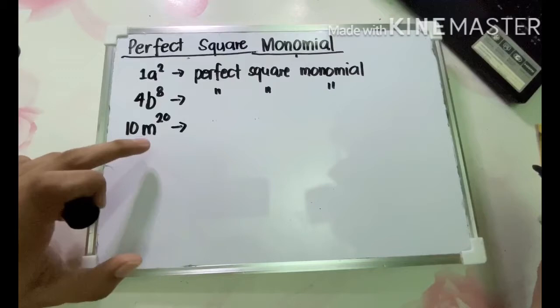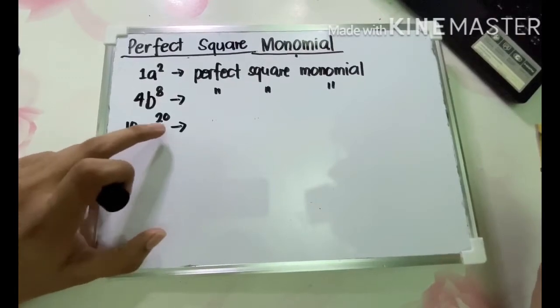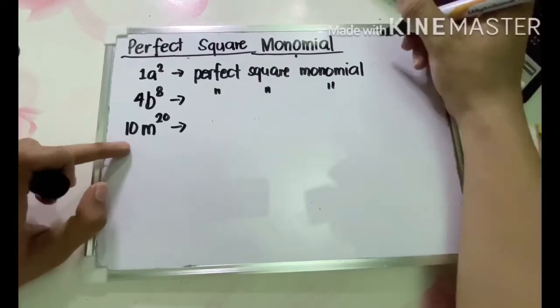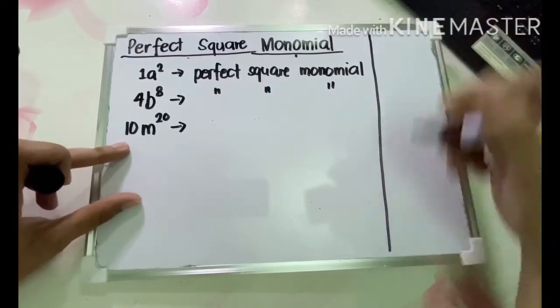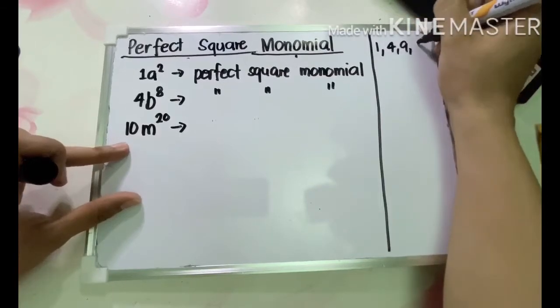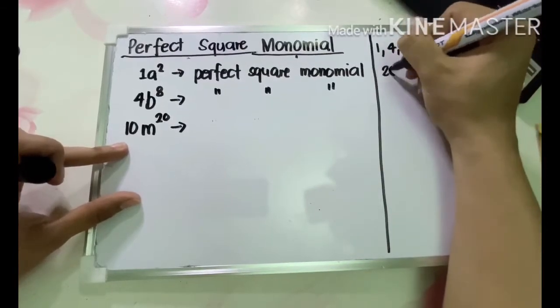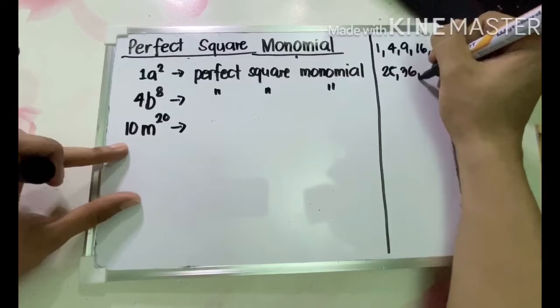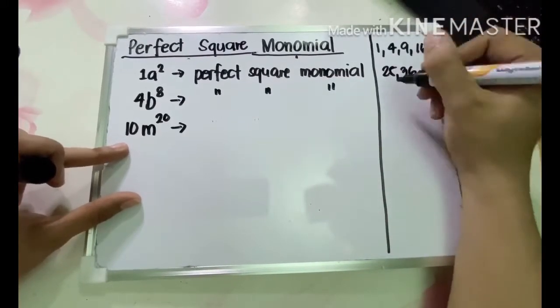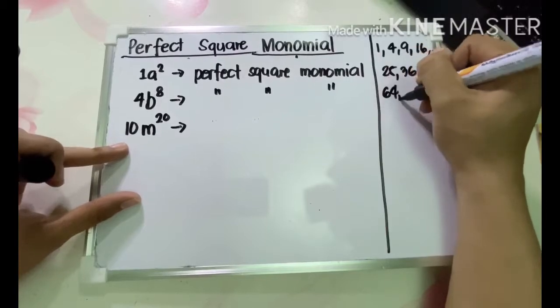Let's go first to the exponent of the variable. So 20 is even, but earlier we don't have 10. So we will write again the perfect square integers: 1, 4, 9, 16, 25, 36. We have 49, 7 times 7. We have 64, 8 times 8.